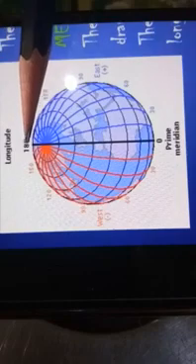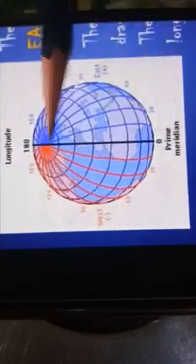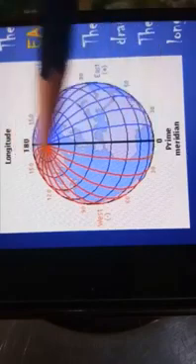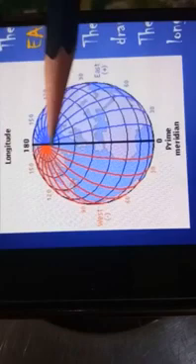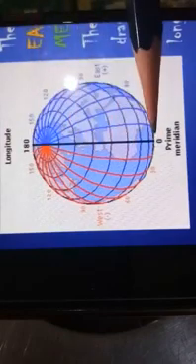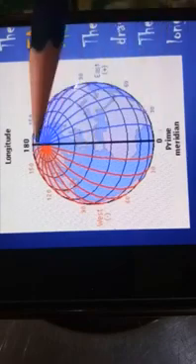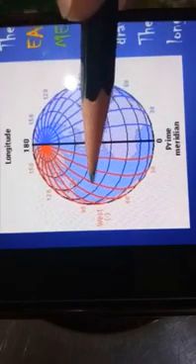The lines that run from North Pole to South Pole are called meridians or longitudes. They are semicircles. You can see on this diagram, they are semicircles. All the meridians are of the same length.